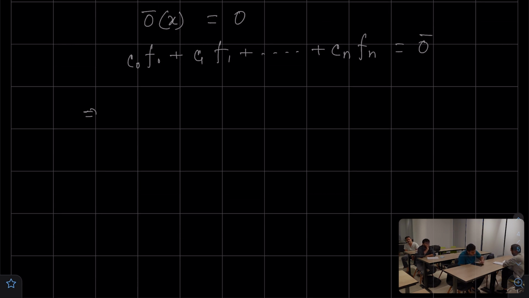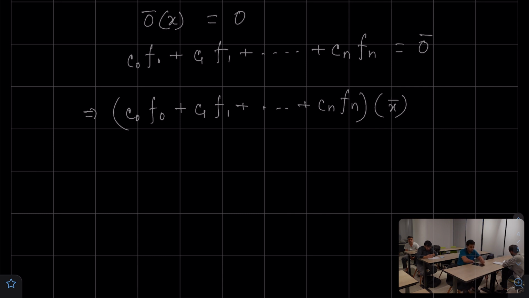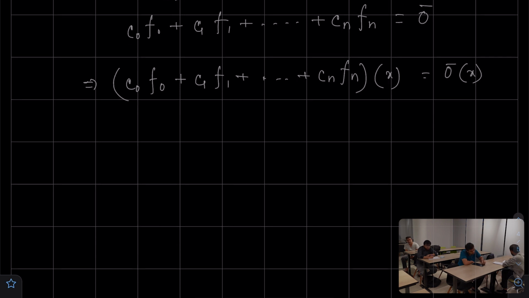But this can be written as c0 f0 plus c1 f1 plus up to cn fn of x, which equals the zero vector of x.